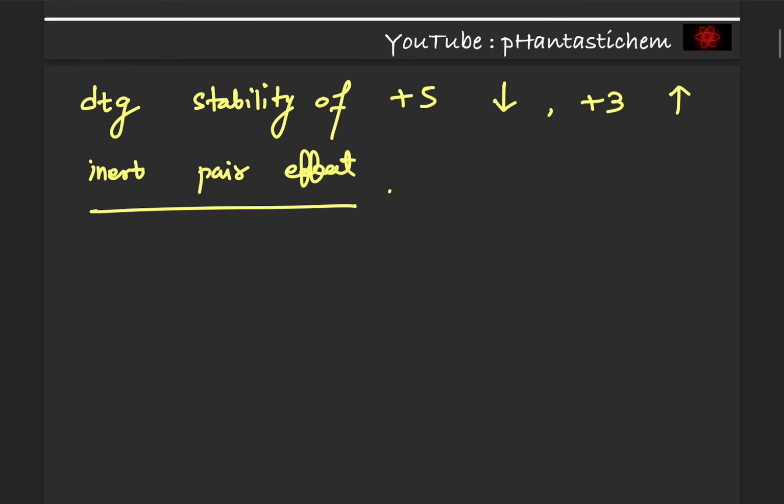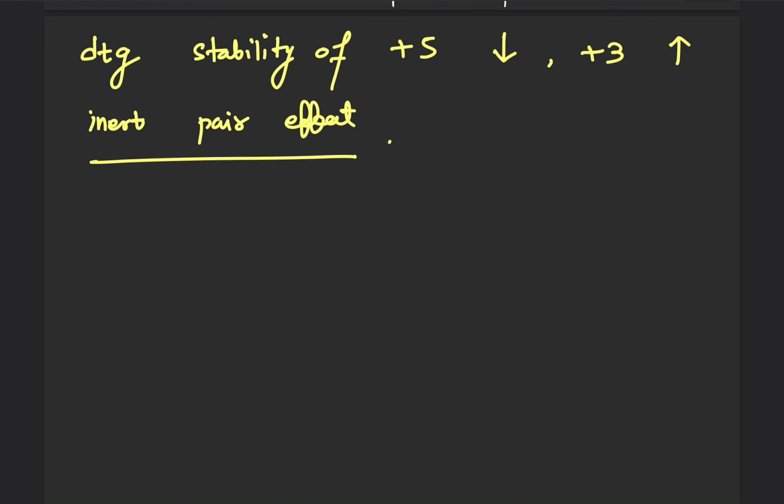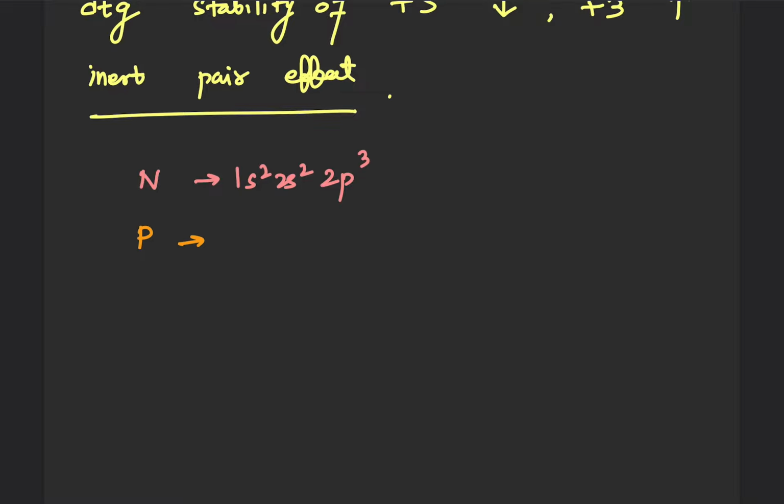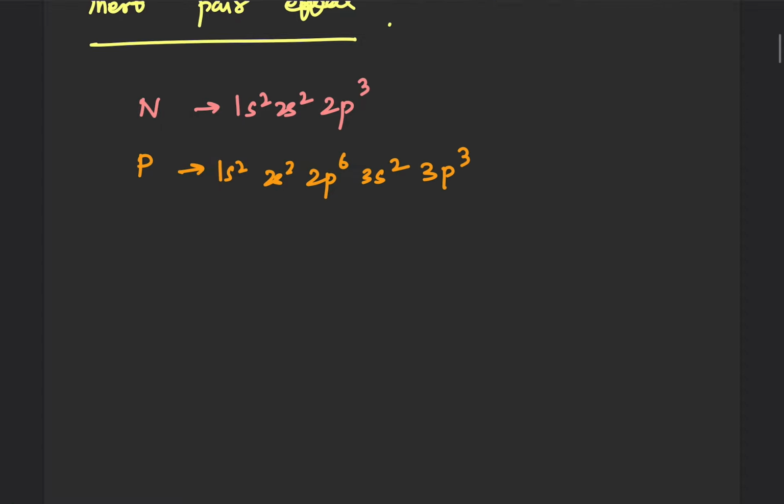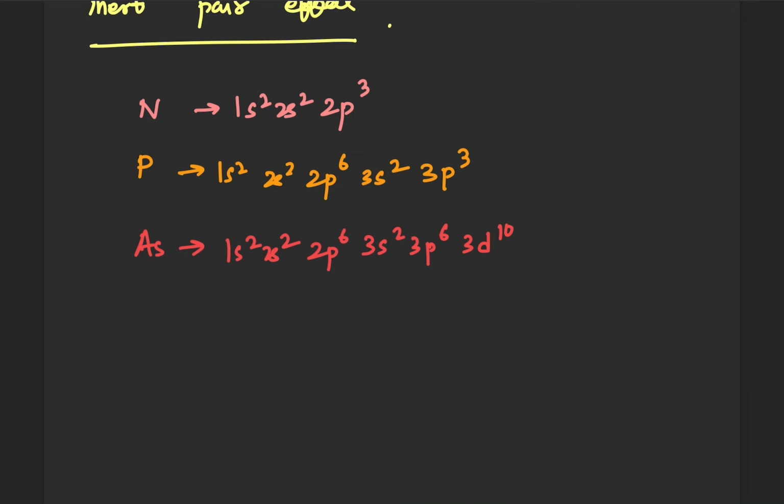To understand this, let's see the electronic configuration of all the group 15 elements. First one is nitrogen: 1s2, 2s2, 2p3, right? Next we have phosphorus: 1s2, 2s2, 2p6, 3s2, 3p3. Then we have arsenic: 1s2, 2s2, 2p6, 3s2, 3p6, 3d10, then 4s2, 4p3.